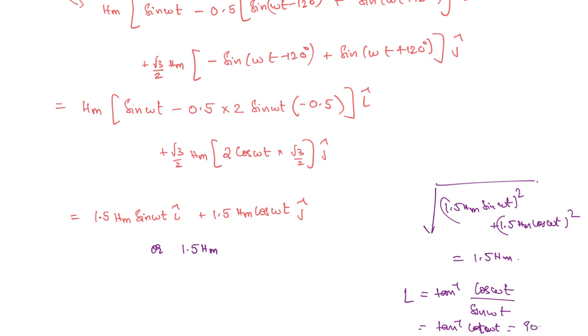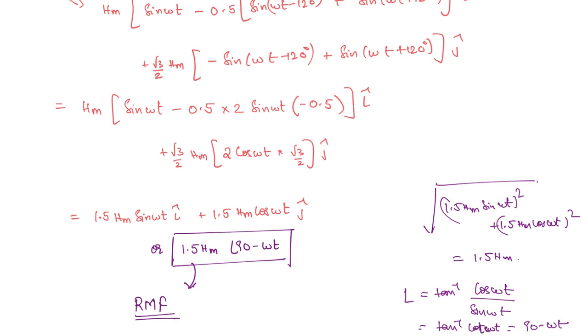Finally, you are going to get the angle 90 minus omega t. So that means the magnitude is remaining constant while the phase is changing with respect to time. This is the important part, because this is where you will see that you are getting a rotating magnetic field. Okay, magnetic field which is rotating.